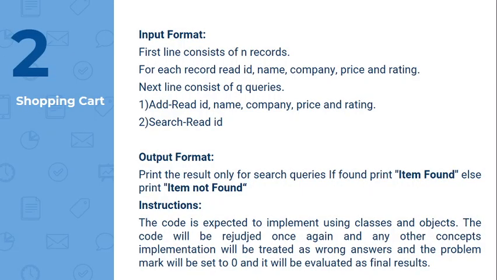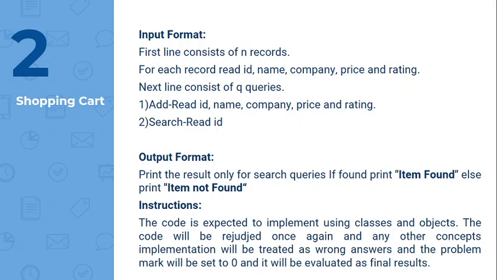The input format: the first line contains n records, and for each record we have to read the ID, name, company, price and rating for the item. The next line consists of q queries, and the queries will have either add or search. If the query has the value add, then you have to read the ID, name, company, price and rating and add that item to the cart.